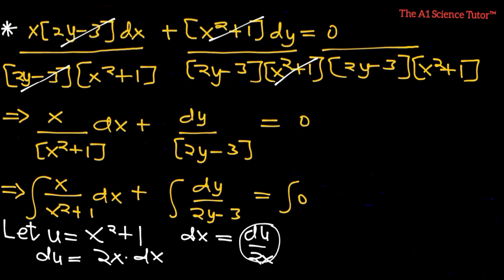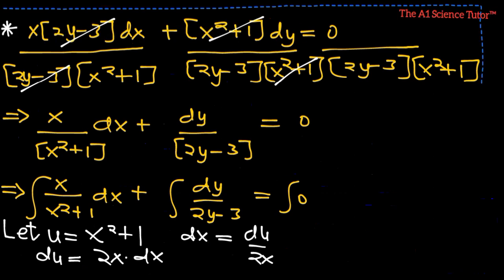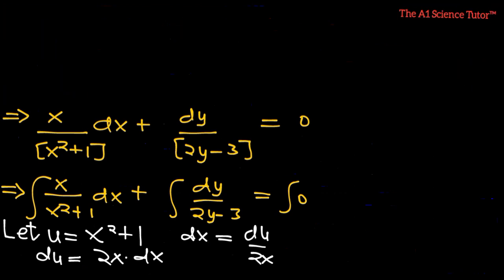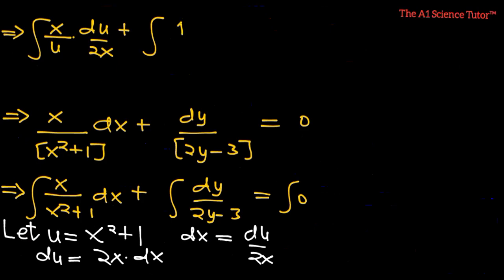Now I need to use this and plug it back into the expression. So I'm just going to wipe out this. This is going to be integral x over u, multiplied by dx. dx in this case has been changed to du divided by 2x. And this is plus integral 1 over 2y minus 3 dy, and this is integral 0.